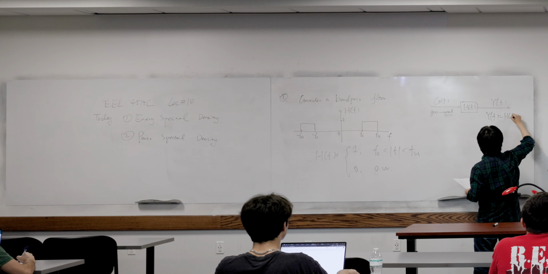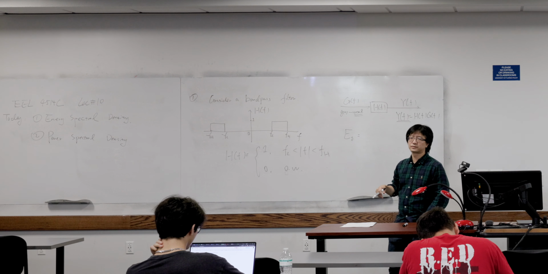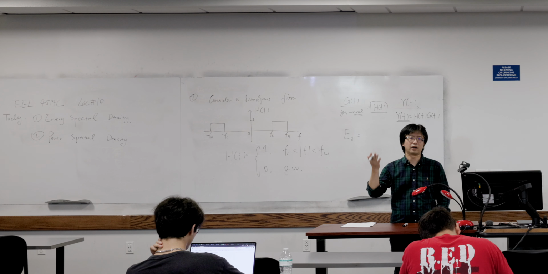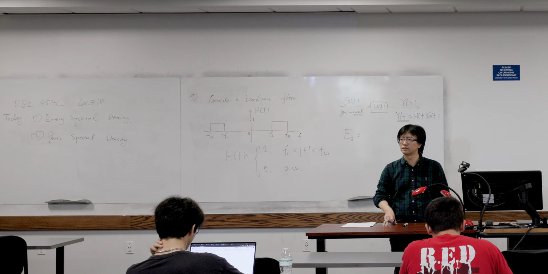We could compute its energy in the frequency domain. So what is the energy of this signal, Ey, in the frequency domain? Let's assume that the signal is aperiodic in time and aperiodic in frequency. Then how can we compute the energy in the frequency domain?